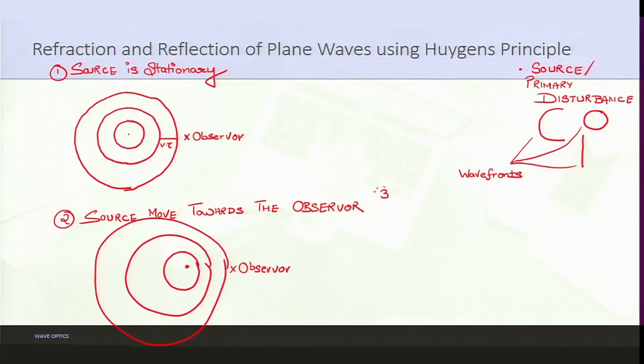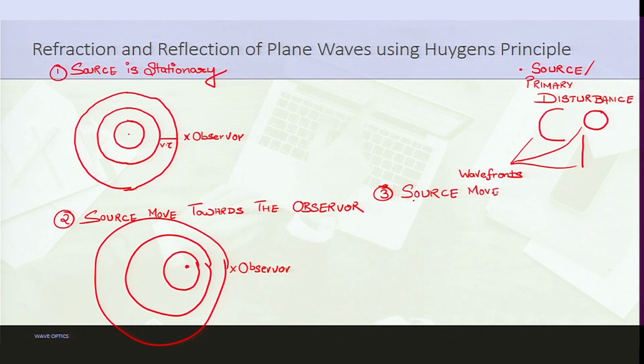Similarly, if I try to make a third diagram to explain the same concept, the third case is the source moving away from the observer. So, let us suppose the source is here, this was the initial position, and this is the new position of the source.